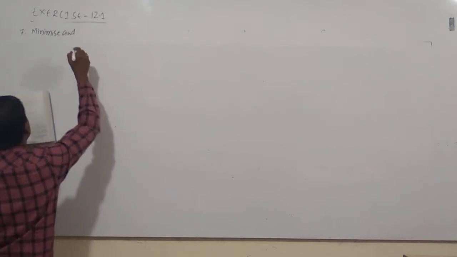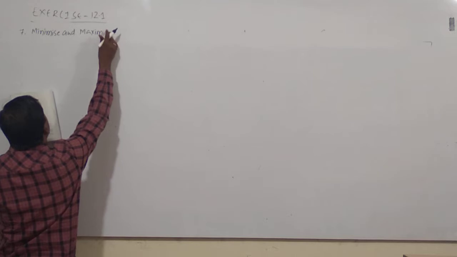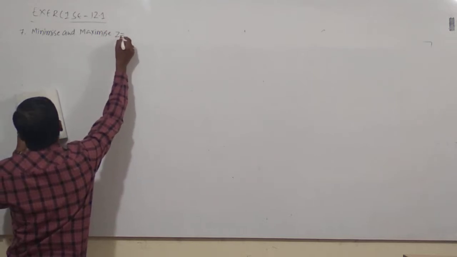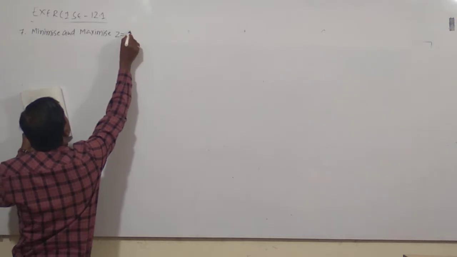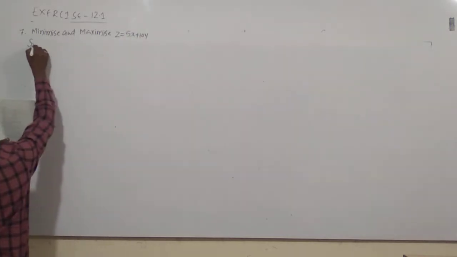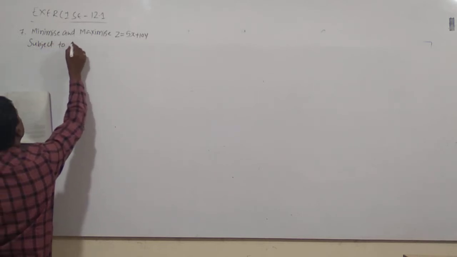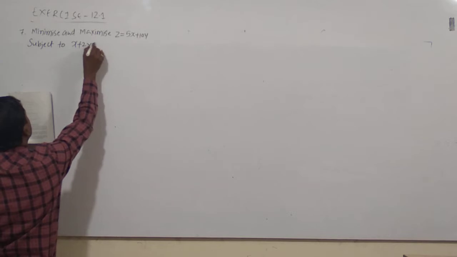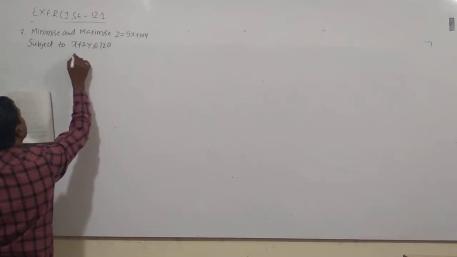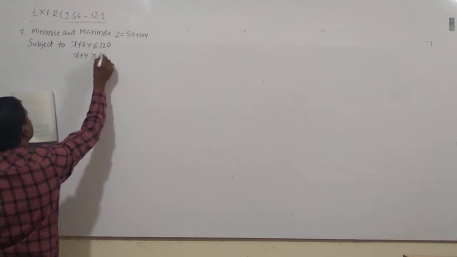and maximize z is equal to 5x plus 10y subjected to x plus 2y, which is less than or equal to 120, x plus y, which is more than or equal to 60.